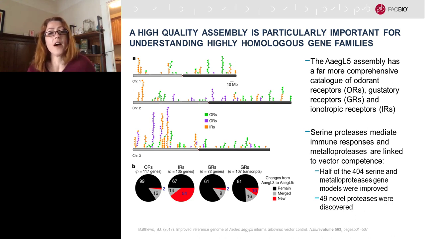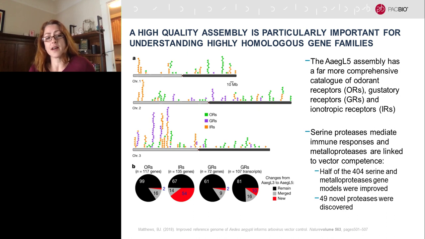So maybe of more interest to people that work in the infectious disease area would be serine proteases or metalloproteases. These proteases mediate either immune responses, or the metalloproteases are linked to vector competence, meaning whether the fly is able to serve as a host for malaria or not.